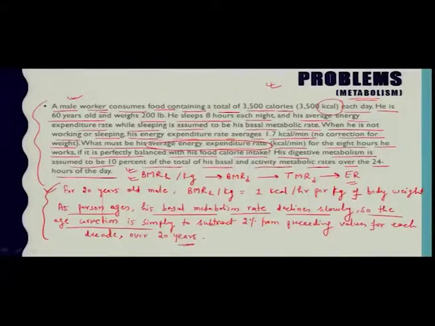So now how will we calculate this particular age factor? So since as per the problem, this particular male person is 60 years old, so we can write it as he is let us say 4 decades older than 20 years.